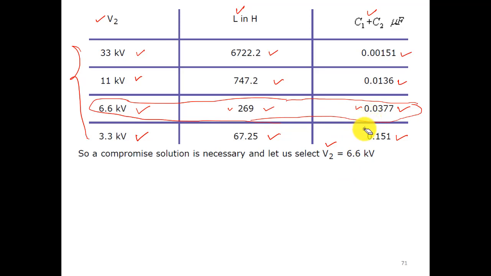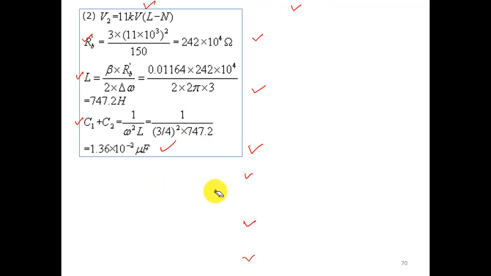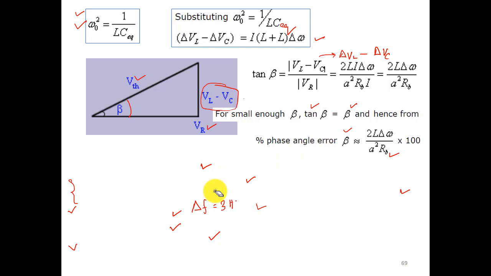Now the question is how to find C1 and C2 individually. L is given here as 269 Henry, and C1 plus C2 is given here as 0.0377 microfarad.